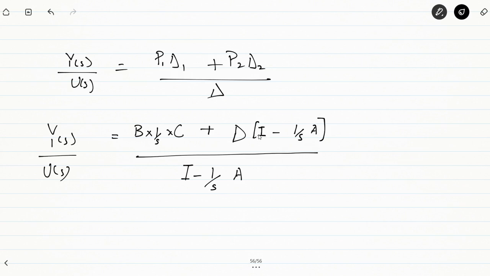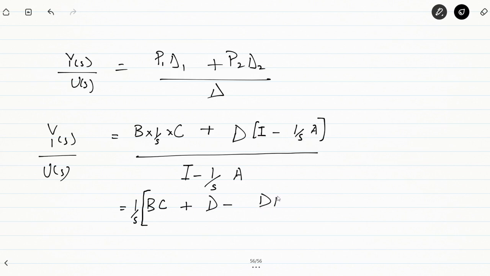So instead of having 1 here, we'll be having I here. So this is b into c 1 by s. Since 1 by s is a constant term, we can take it out. B into c plus d into I will be actually d only, minus d into 1 by s times a.